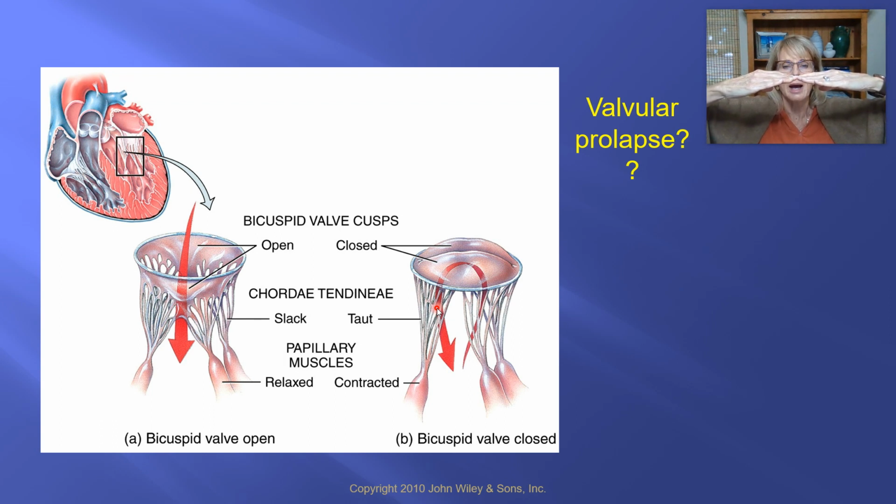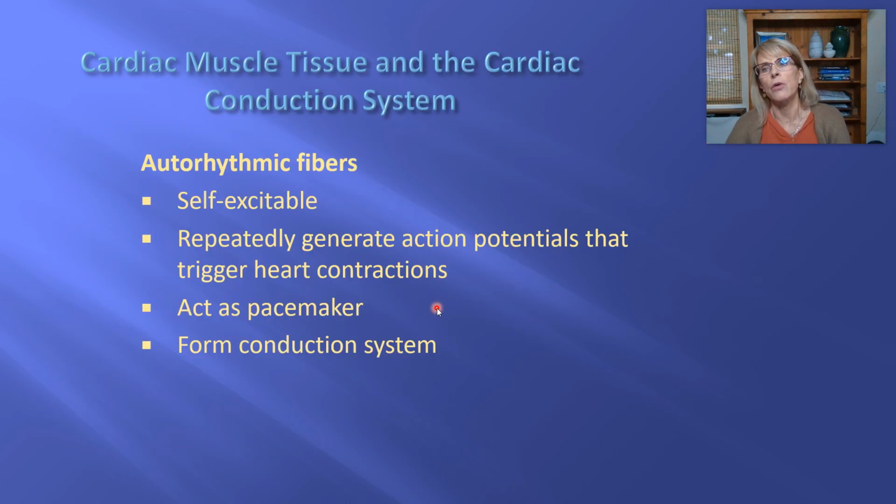Valvular prolapse would happen if the chordae tendineae rupture, if they break. Then the valve would open up inward, but without the chordae, when the ventricles contract, they would open up the opposite way. And now, every time the heart beats, half of the blood would go forward, half of it would go backwards, and that's not compatible with life.